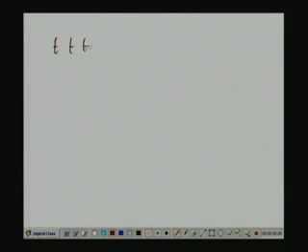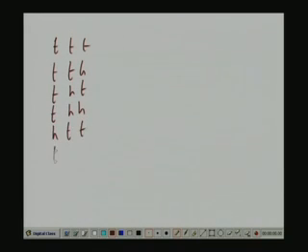So, these are the possibilities, that we can have tail, tail, tail, then tail, tail, H, tail, H, tail, okay, 1, 2, 3, 4, 5, 6, 7, 8 combinations.